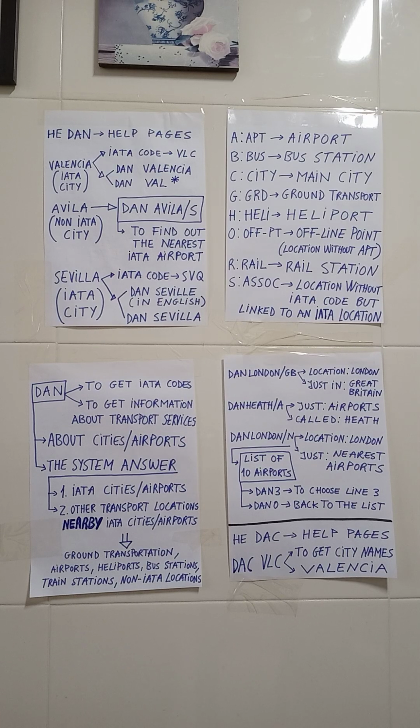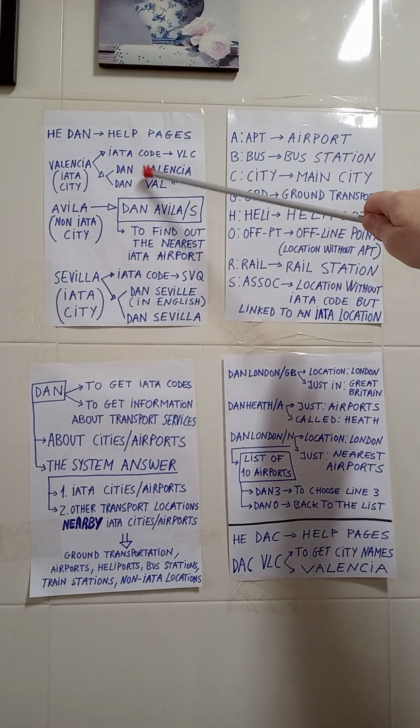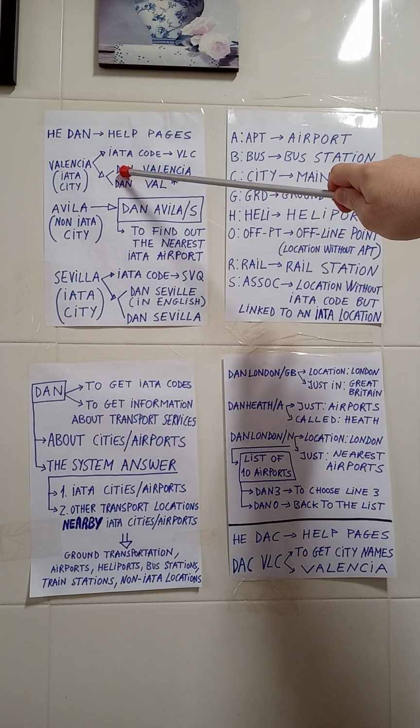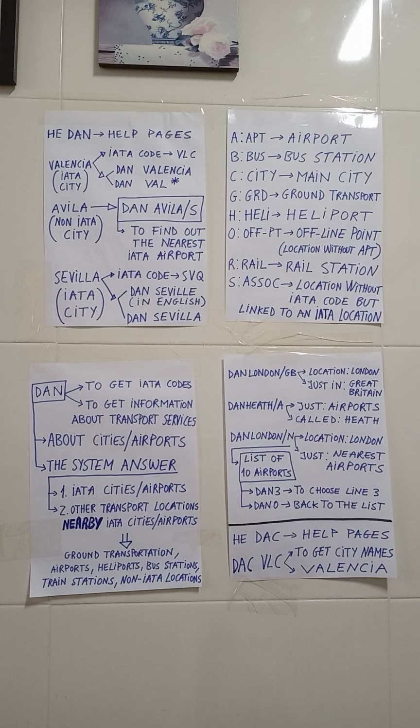We can do the opposite of what was already explained in the first example of the first folio. This one is totally the opposite. DAC VLC. Here we did DAN Valencia to get VLC, but here we type DAC with the code to get the city name, which is Valencia.